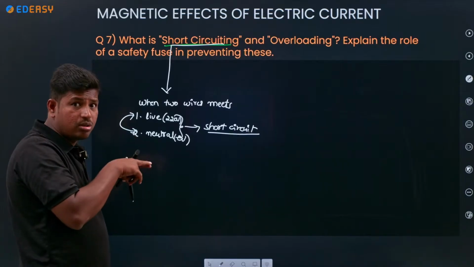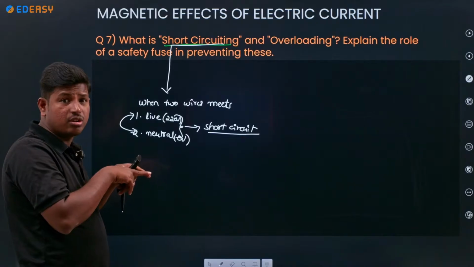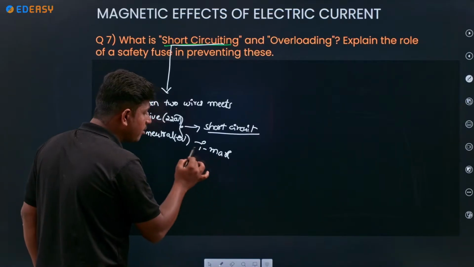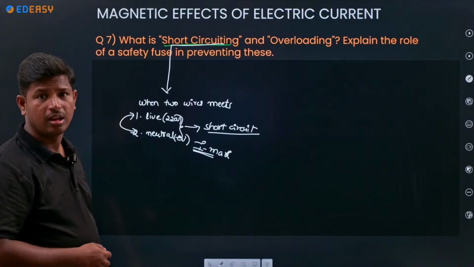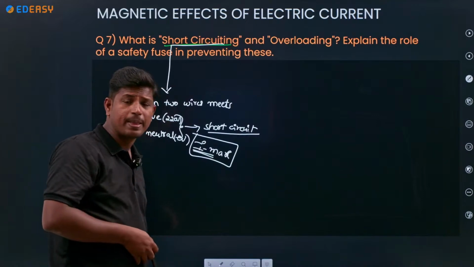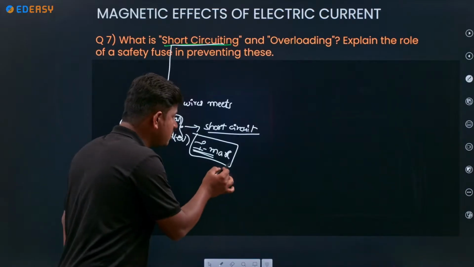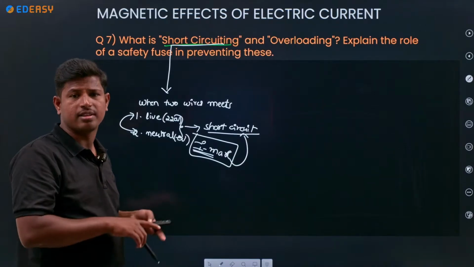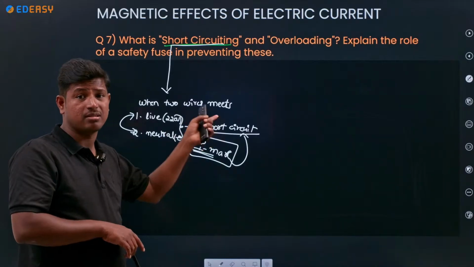If you combine these two, you get a short circuit. In a short circuit, the maximum amount of current passes through the circuit, because the resistance is 0. Whenever two wires meet up, it is a short circuit, and the maximum amount of current passes.